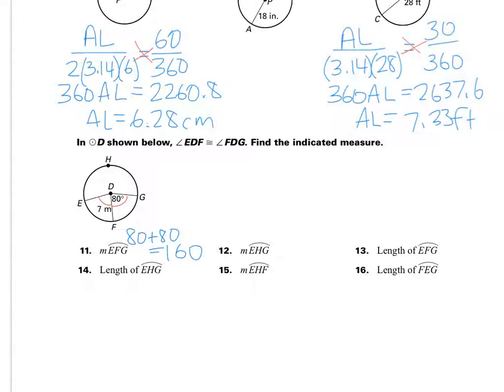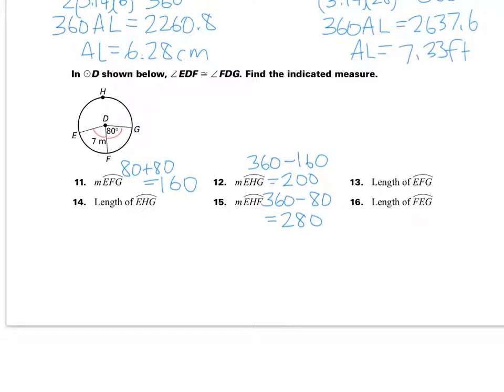The measure of arc EHG is going to be 360 minus EFG, which is 160. So it equals 200. I'm going to go to number 15, the measure of arc EHF. It's basically going to be 360 minus 80. Okay, so they're the easy ones.